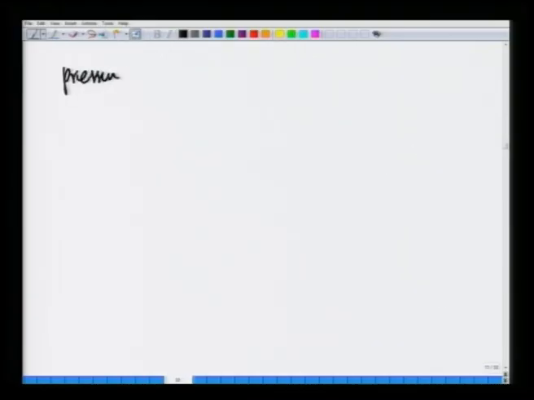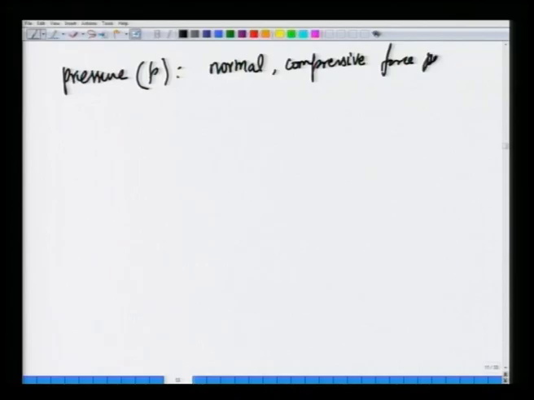is denoted by the letter P, is the normal compressive force per unit area acting in a static fluid.